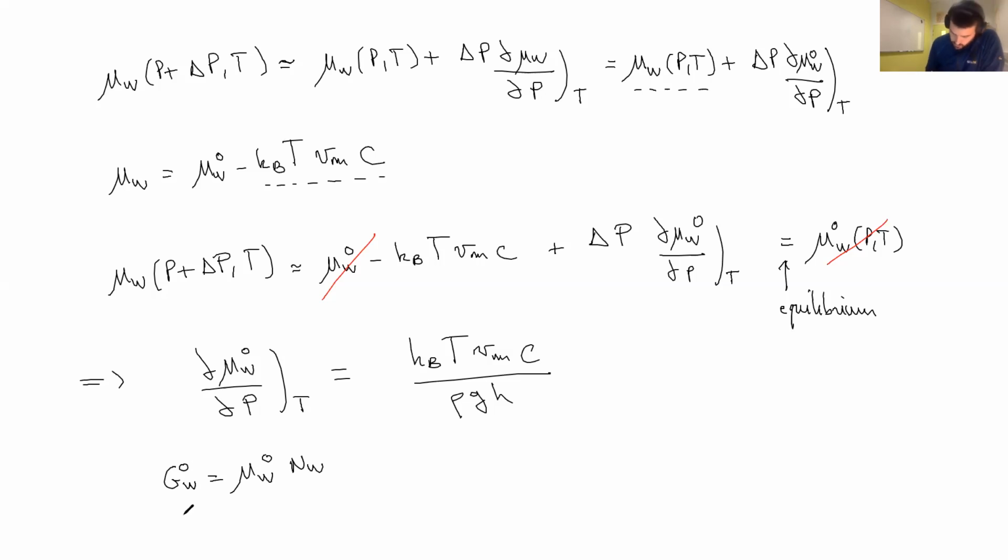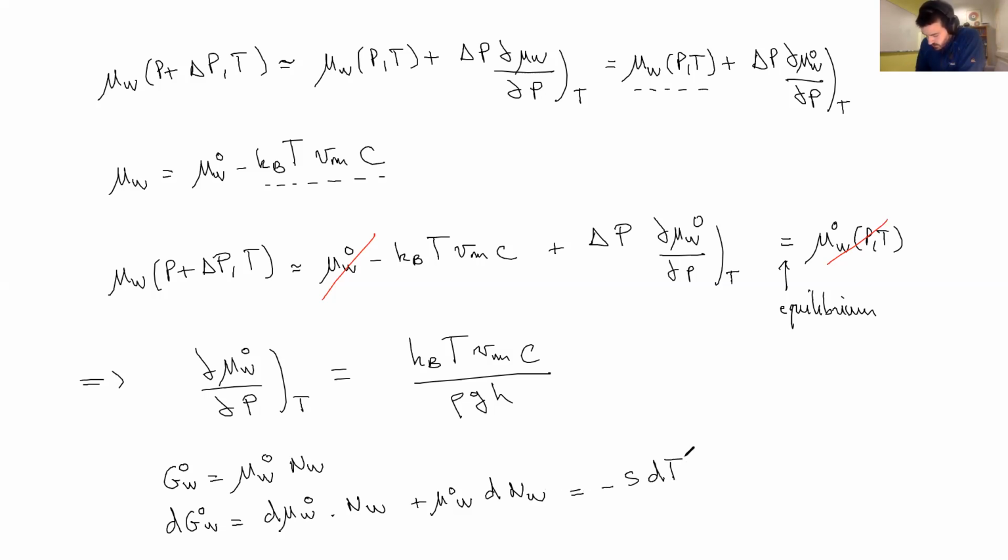And you have thus the fact that this is d mu times the number plus mu times the differential of the number. And on the other side, this is equal to dG that we know. dG is minus S dT plus V dP and plus mu dN.